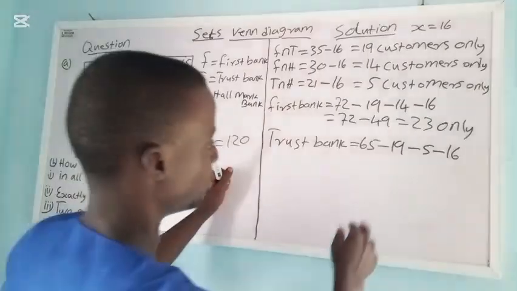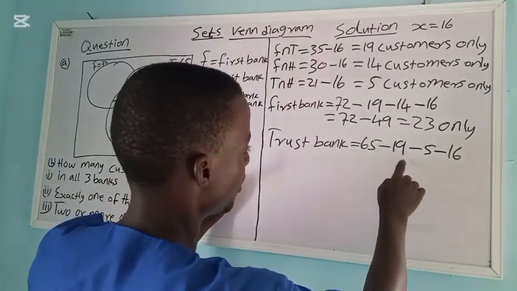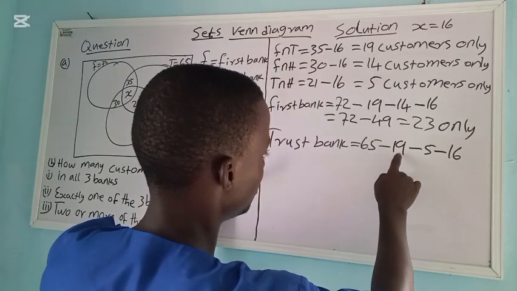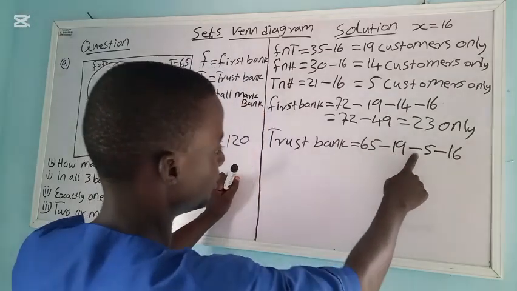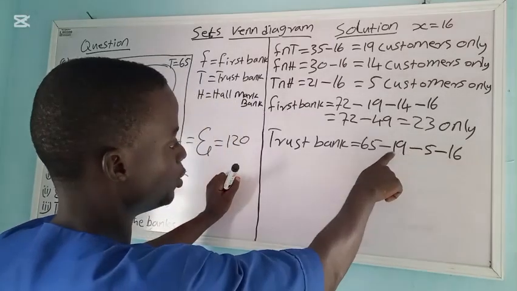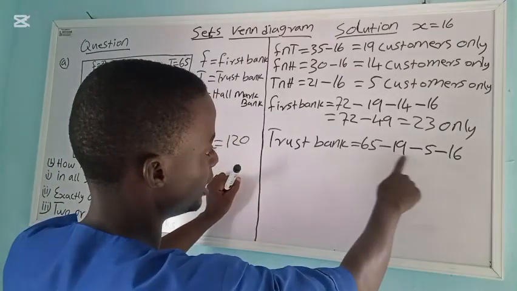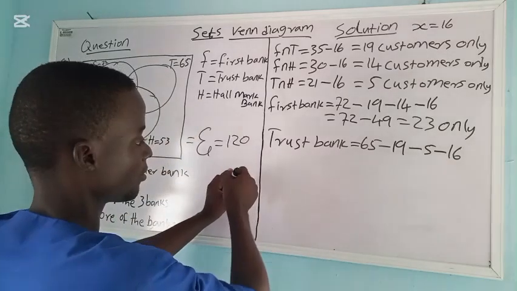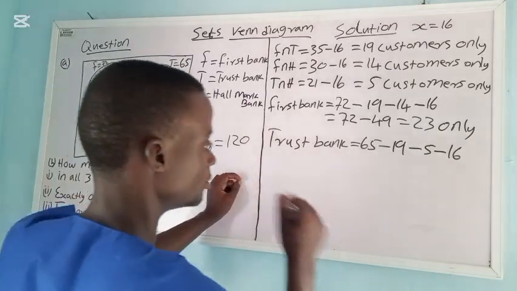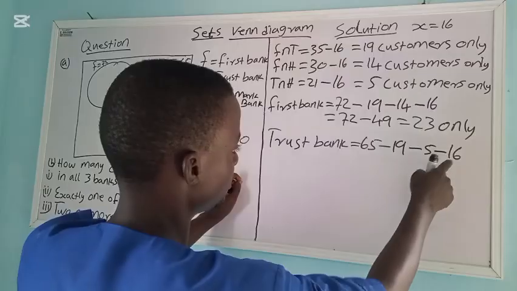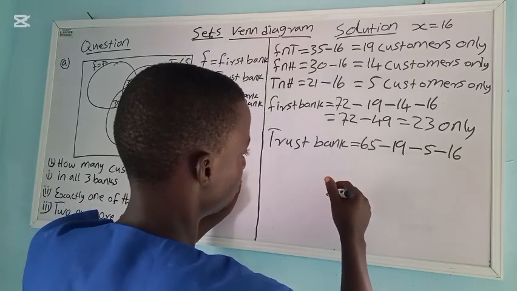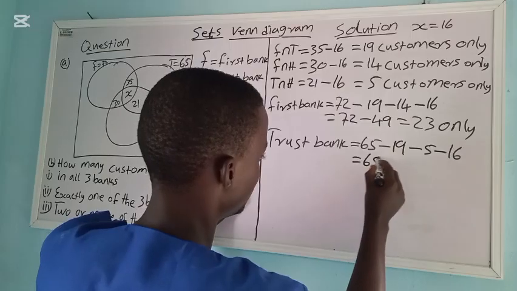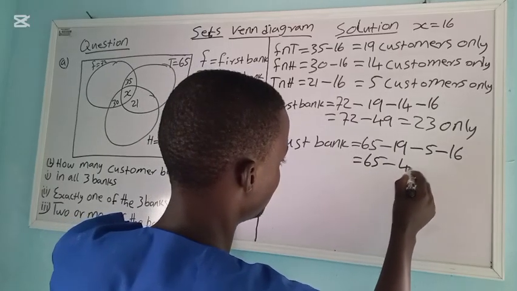So now let's put the minus together. Minus 19 minus 5 is 24, and then with this one it is 40. We'll have 65 minus 40.